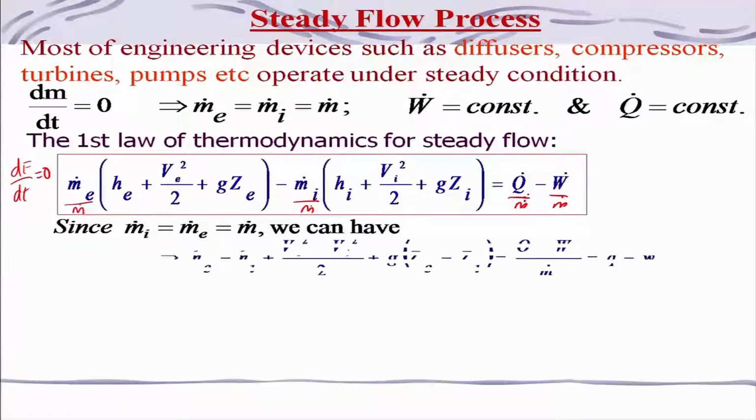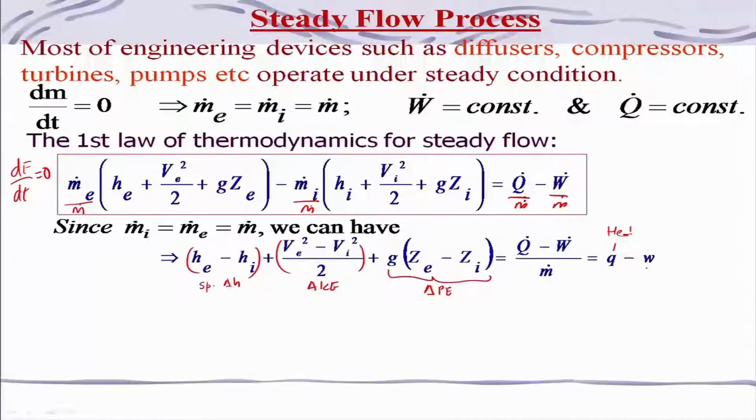I will get an expression: h_e minus h_i, which is the specific enthalpy change, plus the change in kinetic energy, which is the specific kinetic energy, plus the change in potential energy, which is the specific potential energy, and this is equal to the specific heat, q, minus the specific work done, w.